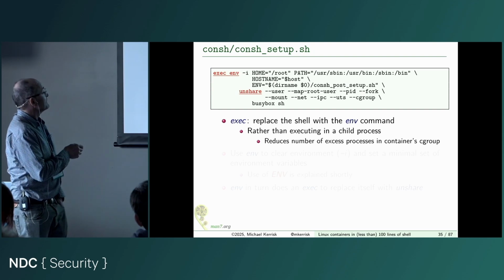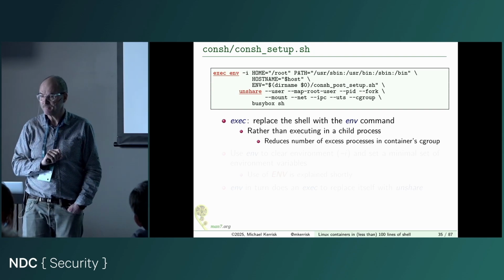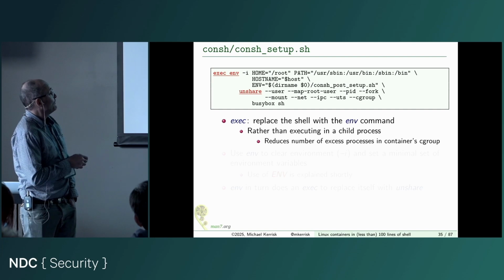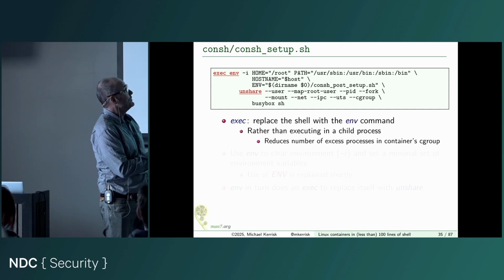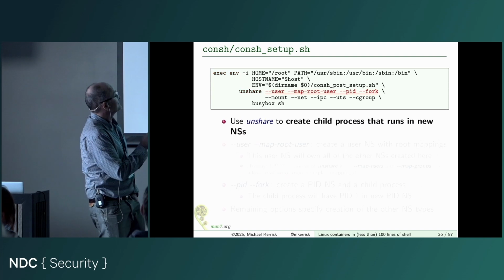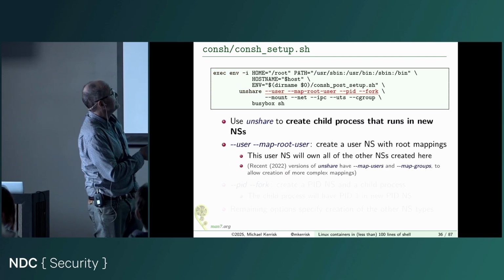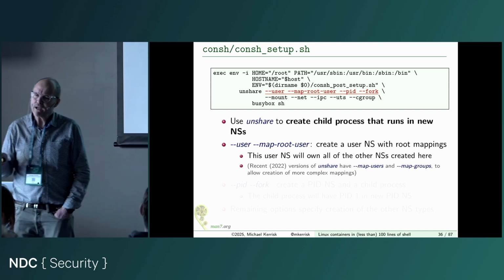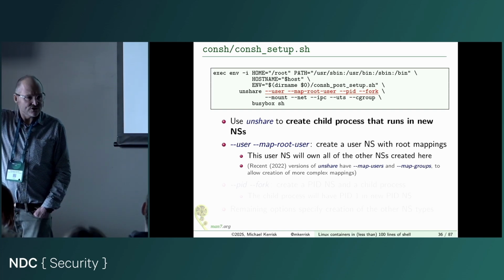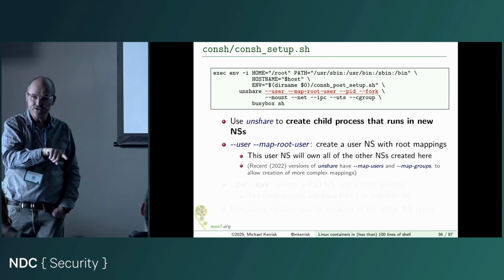The program I'm replacing it with is unshare. And what I'm saying with unshare here is create a new user namespace with the so-called root mappings. Root mappings means my credentials in the outside world are going to be mapped to 0 in the inside world.